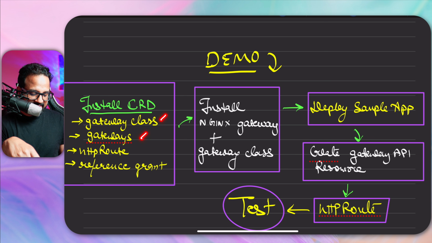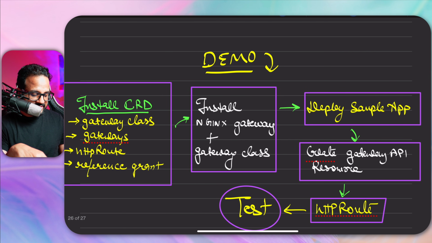So gateway class, gateway, HTTP route, reference grants and so on. So using these custom resource definitions, we'll be creating the custom resources. So the gateway class custom resource will be created by the gateway class CRD, and so on, right?